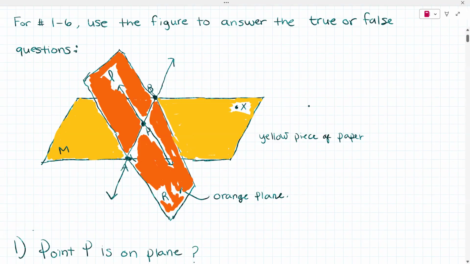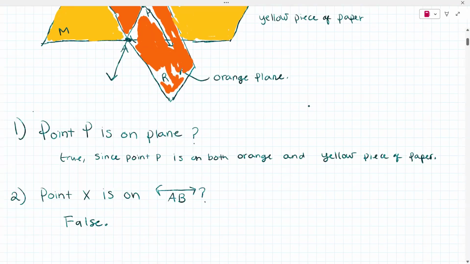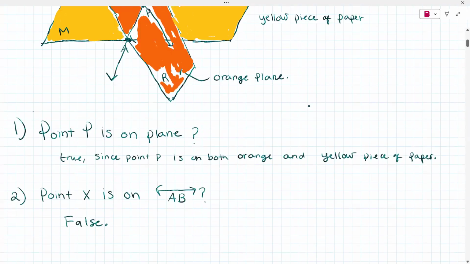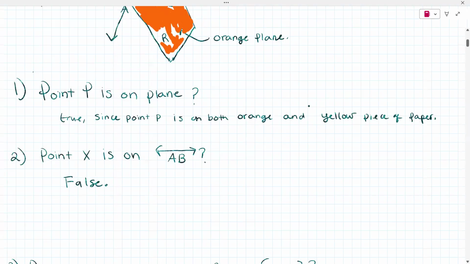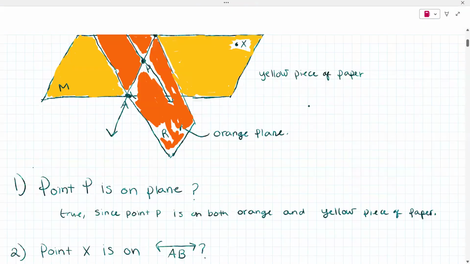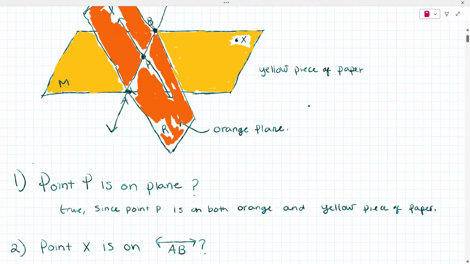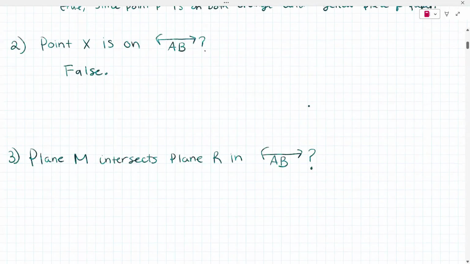Yes, plane R is the orange one. Do they intersect? Yes. So does plane M intersect plane R in ray AB? Yes, it does. Ray AB intersects both planes. I'm going to say true.